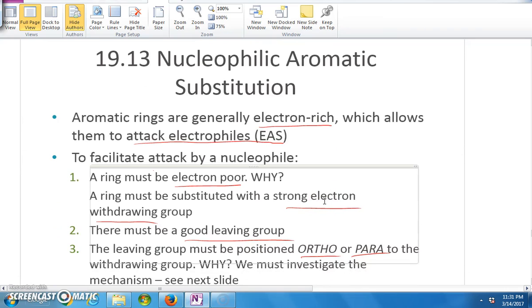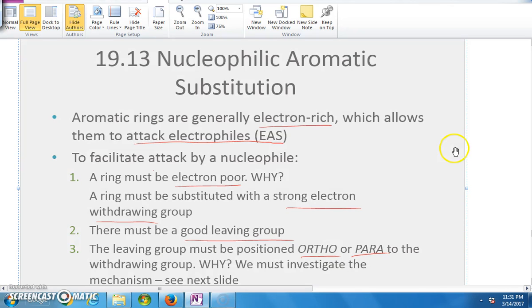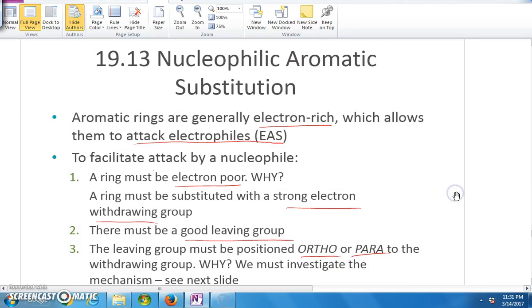Now, aromatic rings are generally electron rich, which allows them to attack electrophiles. To facilitate attack by a nucleophile, the ring must be electron poor, because you can't have two nucleophiles trying to attack each other. The ring must be electron poor, and how you make that happen is by introducing a strong electron withdrawing group.